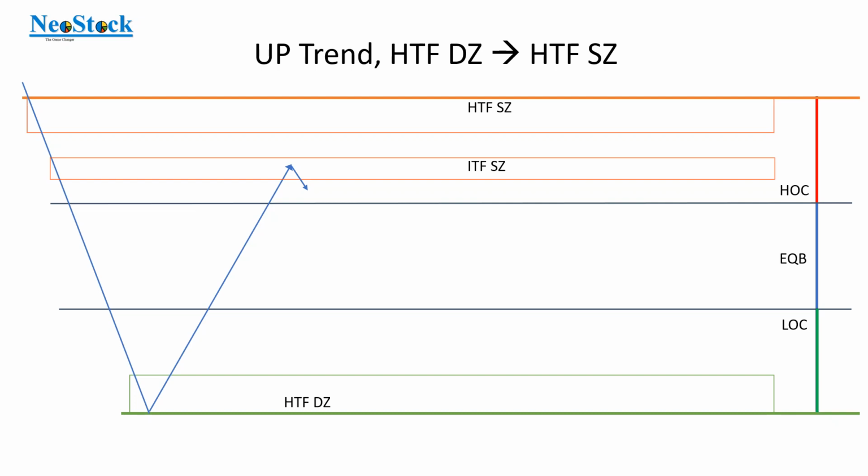I'm saying you may take trade against the HTF price direction, but you cannot take trade against the ITF price direction. Always you have to take trade in favor of the ITF price direction. That is the reason why ITF price direction is very, very important.